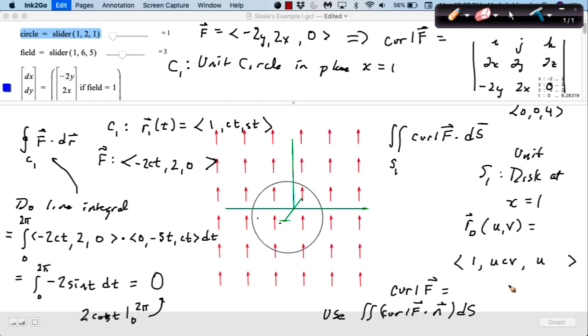Let me actually write that out. It's a little confusing. Yeah, if you used r and theta, that's fine. So one of them has to be distance out, radius, and the other has to be angle. That will give you all the points inside that disk, and they all have an x coordinate of 1.